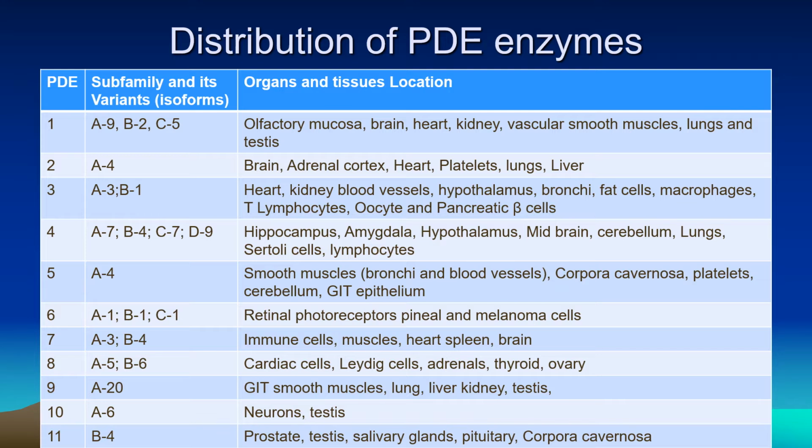So the phosphodiesterase class 3 has two subfamilies, A and B. A has three and B has one variants or isoforms. It is again widely distributed in various body organs and tissues that include heart, kidney, blood vessels, hypothalamus, bronchi, fat cells, macrophages, T lymphocytes, oocytes, and pancreatic beta cells.